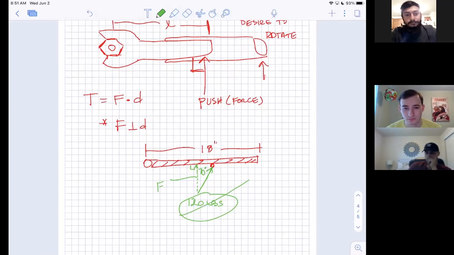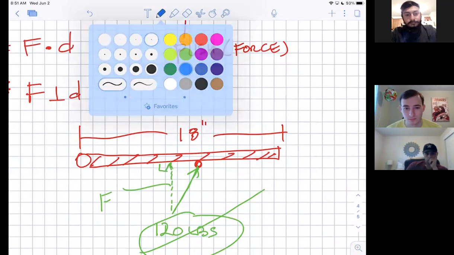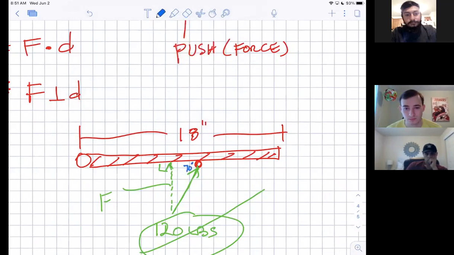If I wanted to find the actual force there, let me draw this figure a little bit better. If this angle right here is 70 degrees, notice 120 is the actual vector, the length of the green vector that you're pushing on. Great, you're pushing right there at 120. What's the math to find F?